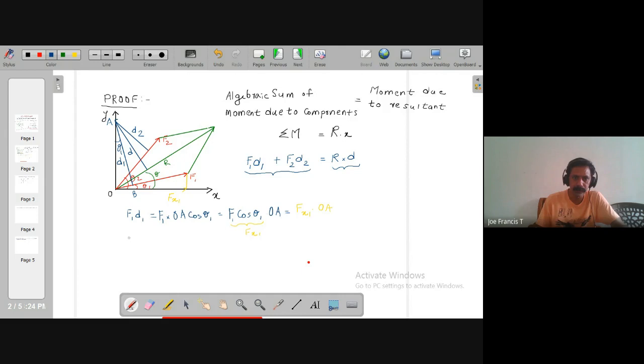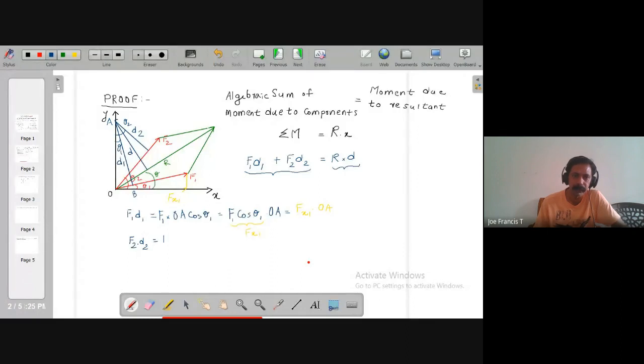Now, similarly, if you take the next component F2, just change my color. Say F2 into d2, in a similar way, you can find that if F2 is making an angle θ2 with x direction, its perpendicular d2 will be making an angle, suppose here, this will be θ2. I'll write it outside to avoid confusion. So this angle here will be θ2. So instead of d2, you can write it as OA cos θ2.